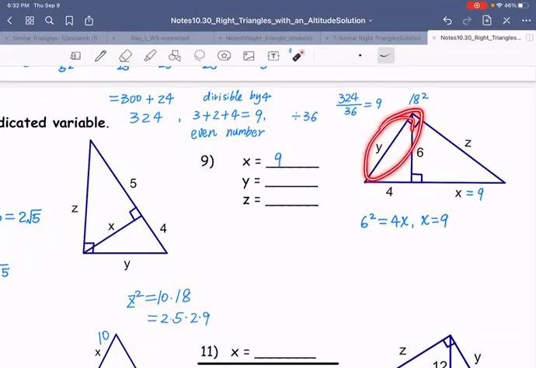This guy square equals 4 times 4 times 6.